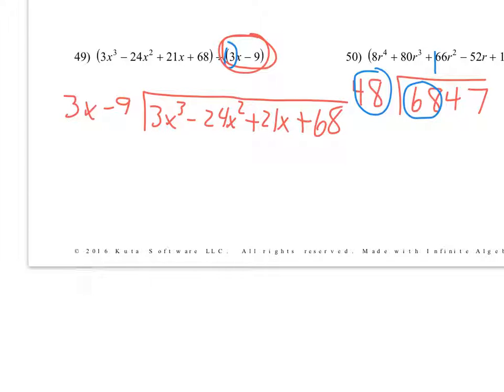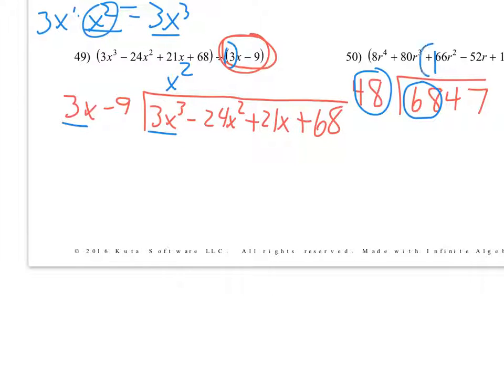Now we have to say algebraically, how many times does 3x go into 3x cubed? Or 3x times blank equals 3x cubed. Well, that would be x squared, because when I multiply 3x times x squared, I get 3x cubed. So we're going to put x squared up here.